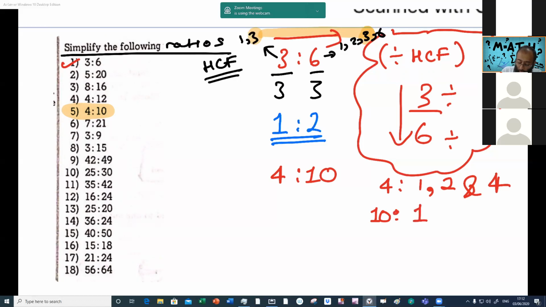Do this one by yourself. 1, keep on going. 2, good. Keep on going. 5. And the last one is? One more. 10. Fantastic. 10 is right. That's lovely.